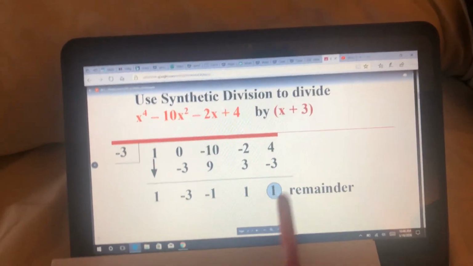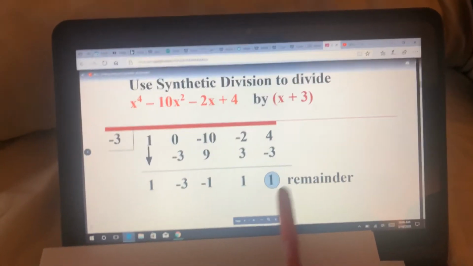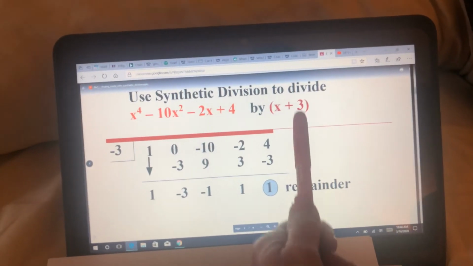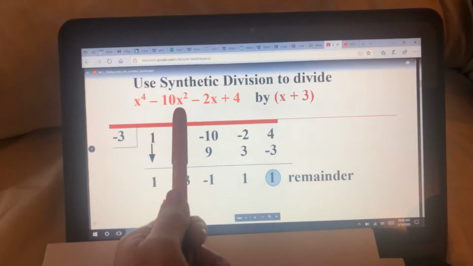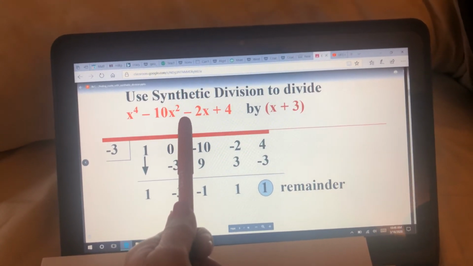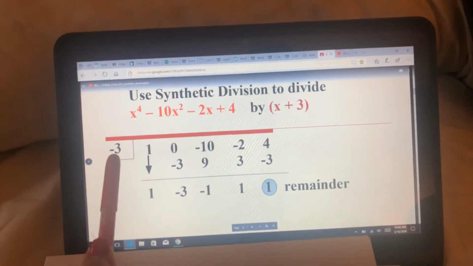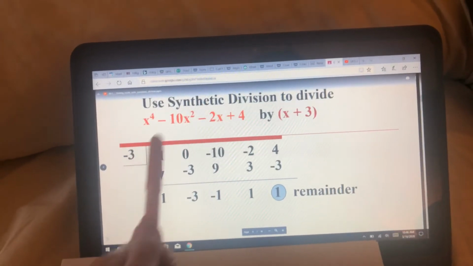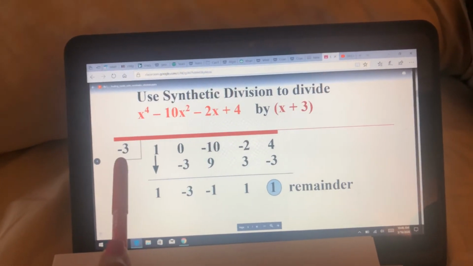Now, do you see this 1 at the end? If it had been 0, then we could have said that x plus 3 is a factor of x to the fourth minus 10x squared minus 2x plus 4, and that negative 3 is actually one of the places where our graph would be crossing the x-axis.